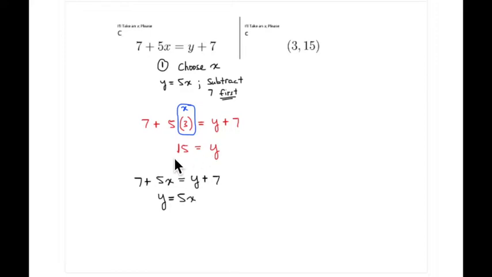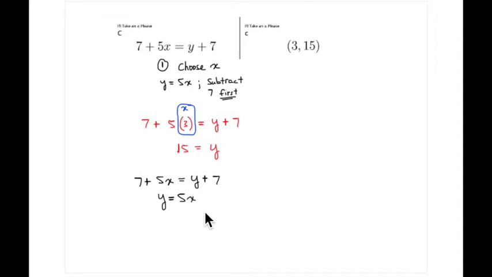All right, so now let's put this into the slope-intercept form, which is y equals mx plus b. Well, if you get rid of these 7s, you're left with 5x equals y. So if you just take the y and put it on the left side of the equal sign, and the 5x and put it on the right side, you can go through that algebraically, but in effect, all you're doing is picking each side up and switching places.